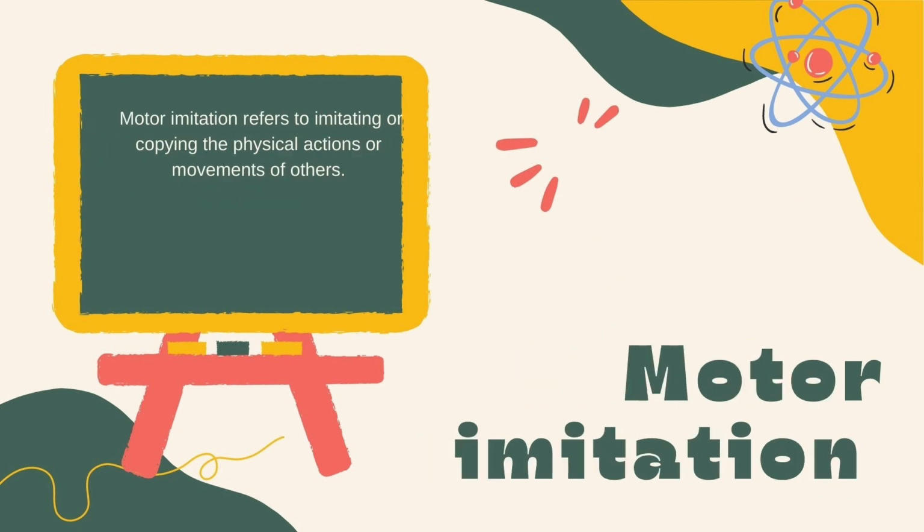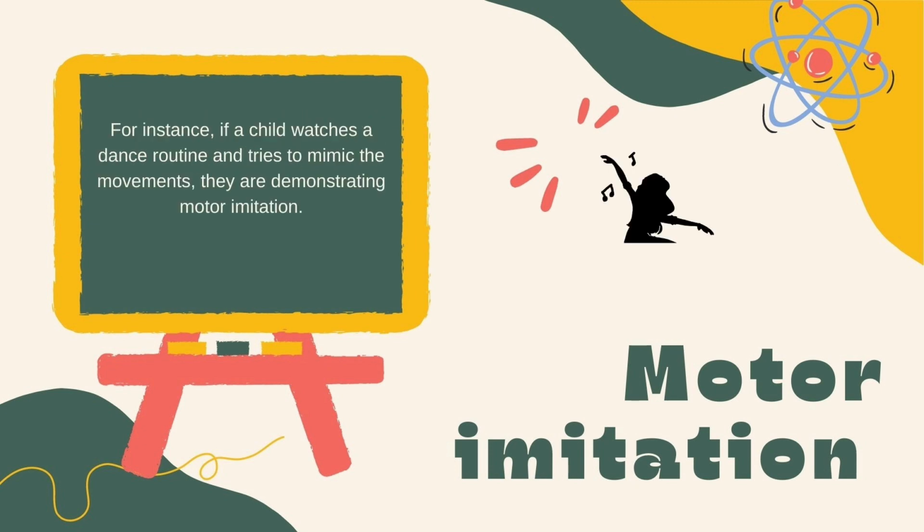Motor imitation refers to imitating or copying the physical actions or movements of others. For instance, if a child watches a dance routine and tries to mimic the movements, they are demonstrating motor imitation.